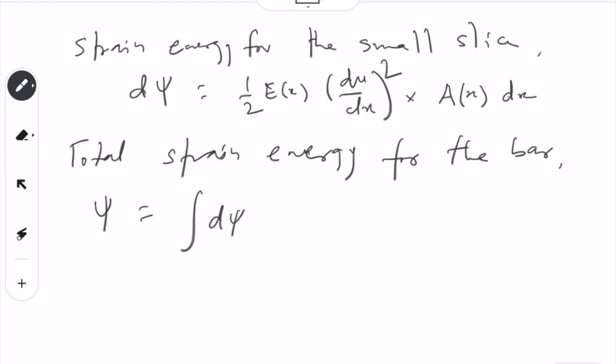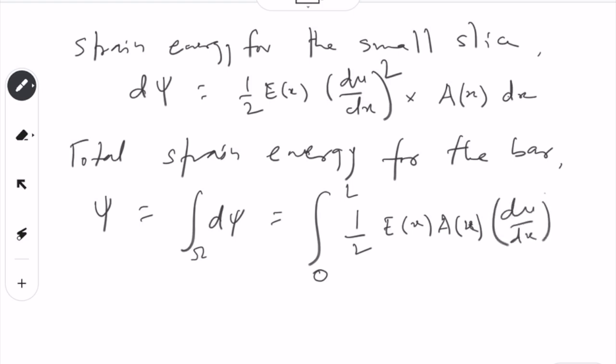For the whole domain, since x is given, we go from 0 to L, and it will be half E x A x, and then du over dx squared dx. So this is the total strain energy for the bar.